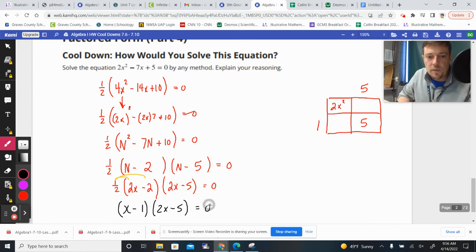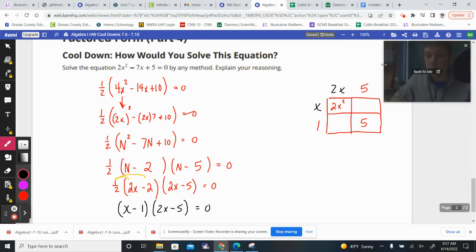Now, to prove that that's what we would have gotten over here, we can put our 2x here, 2x and 5, and we can put our 1x here, x and 1. But notice that they both had to be negative to make this work. That might have been something you struggled with when you were doing the diagram, because to get -7, this has to be negative, and so does this, right?